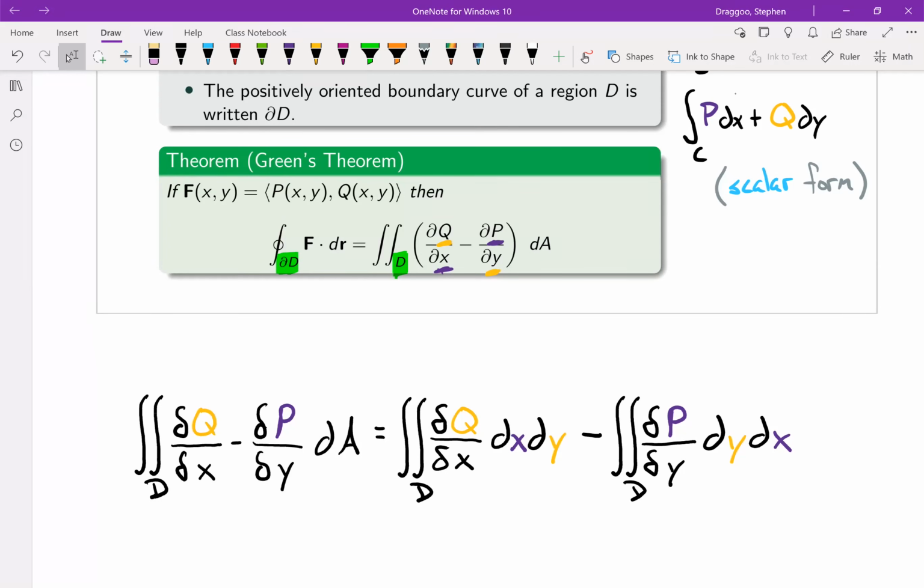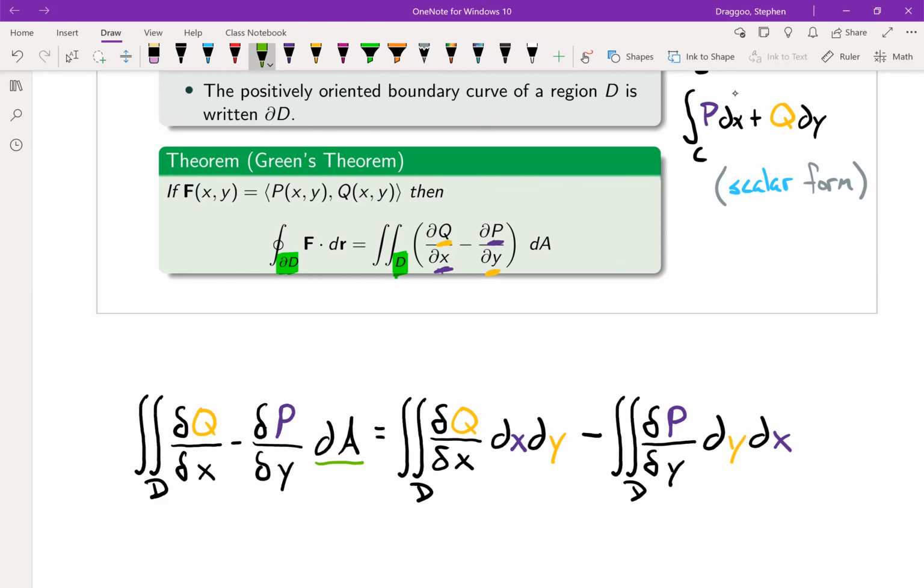So I've taken that double integral piece, where we're taking the double integral of Q partial x minus P partial y times dA, and we're going to split that up into two separate integrals, one that's integrating partial Q and one that's integrating partial P. dA, in terms of x and y, is either dx dy or dy dx, depending on the order that we want.